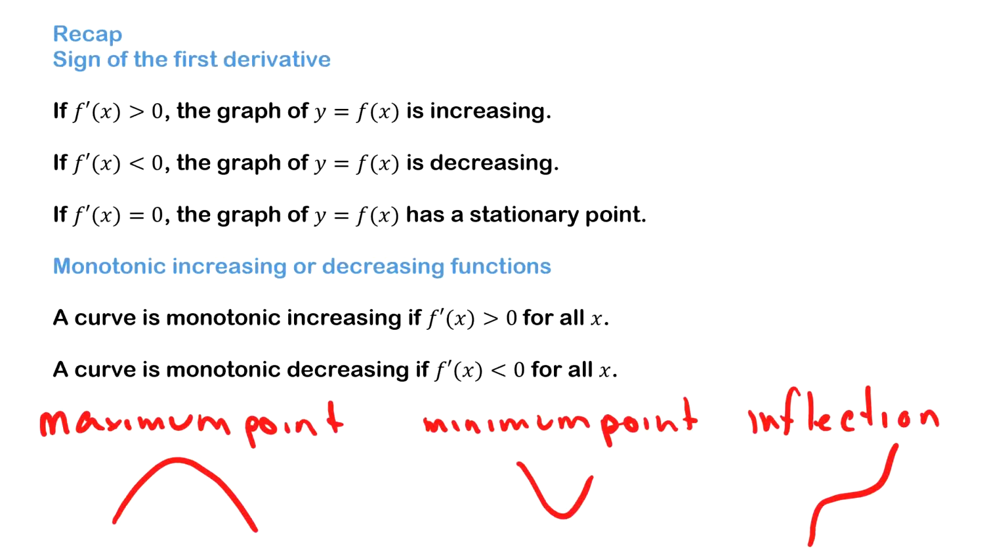And finally, if it equals 0, you know there's a stationary point there, and those stationary points can be a maximum point, a minimum point, or an inflection point. Now remember, if a graph is monotonic increasing, it's increasing for all values of x, and if it's monotonic decreasing, it's decreasing for all values of x.